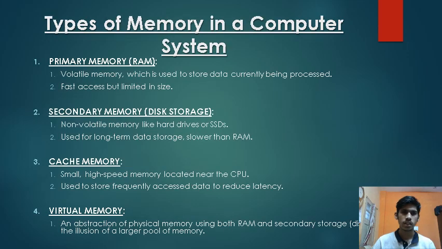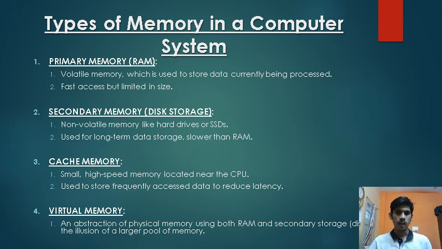Proceed to next slide. Types of memory in a computer system: primary memory, secondary memory, cache memory, and virtual memory. Primary memory refers to RAM. It is volatile memory, which is used to store data currently being processed. Second, fast access but limited in size. Secondary memory, which refers to disk memory or ROM.